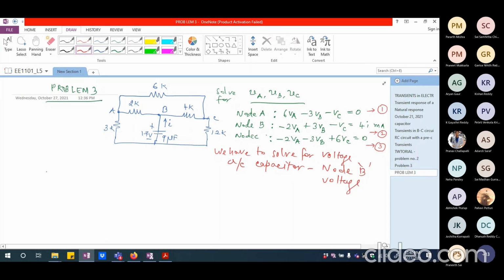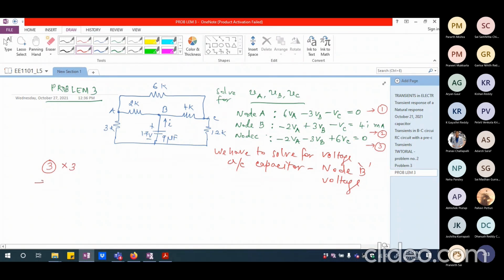Let me first take equation number 3, which is having 2 VA, and compare that with equation number 1. Equation number 3 I will multiply by 3.